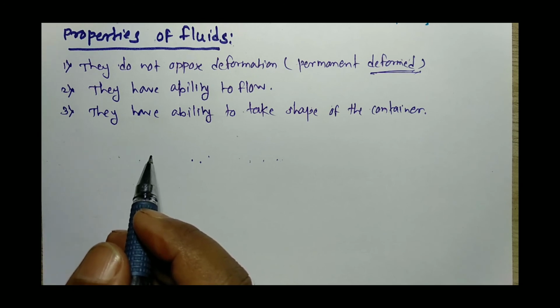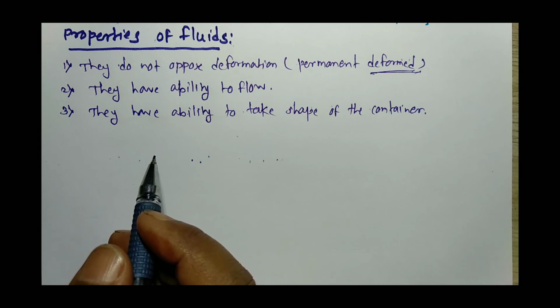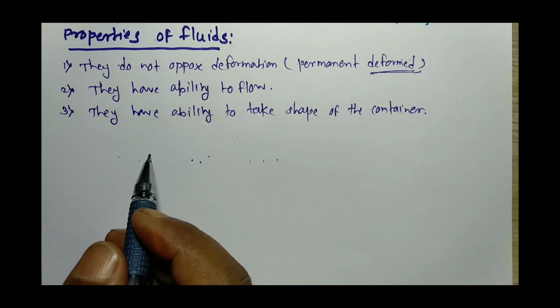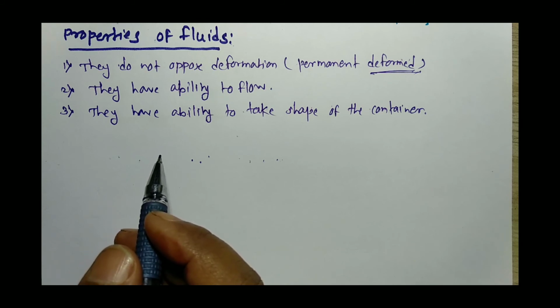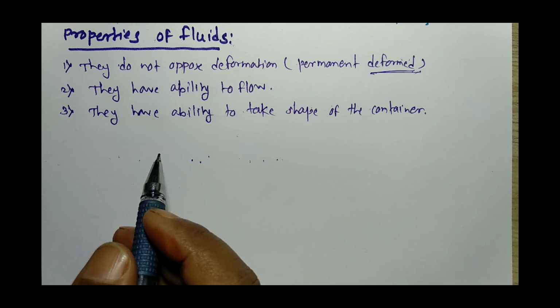Right now we are moving to the next lecture with fluid at rest, and inside this we will go with the different properties, and we go with one branch of physics which is hydrostatics. Hydrostatics is the branch of physics which deals with the properties of fluids at rest, and you will get properties like pressure.